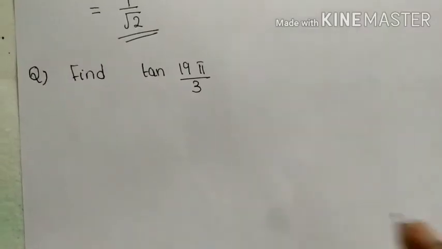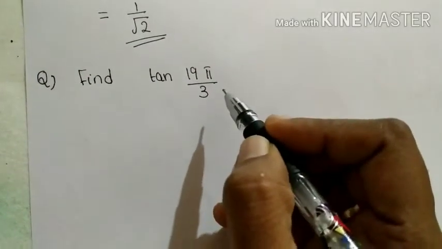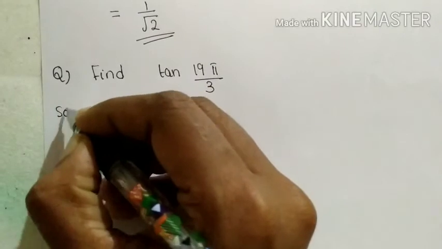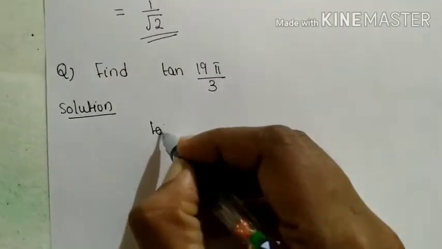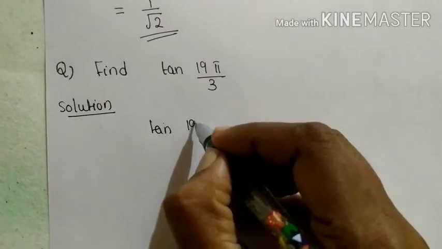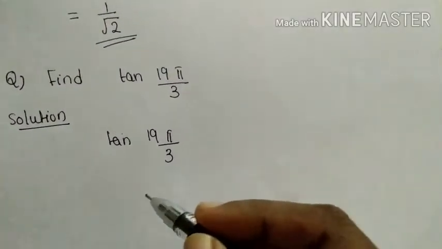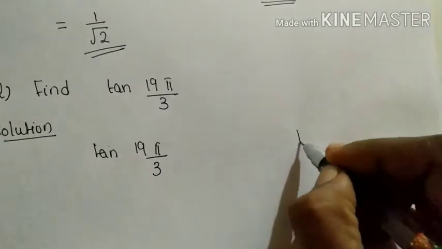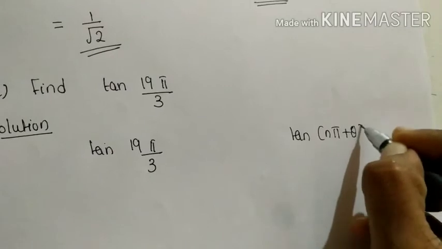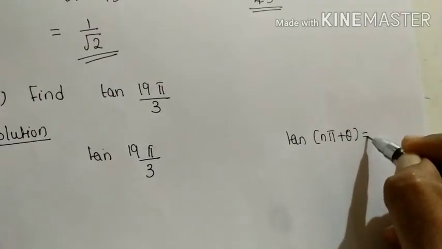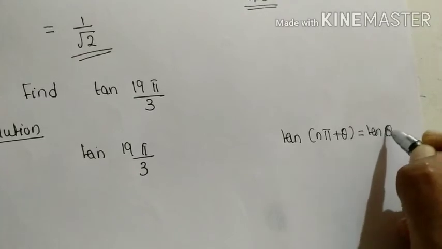This is our next question. Find tan of 19 pi by 3. So let's start the solution of this question. Given that we need to find the value of tan 19 pi by 3. So we know that tan n pi plus theta is equal to tan theta.